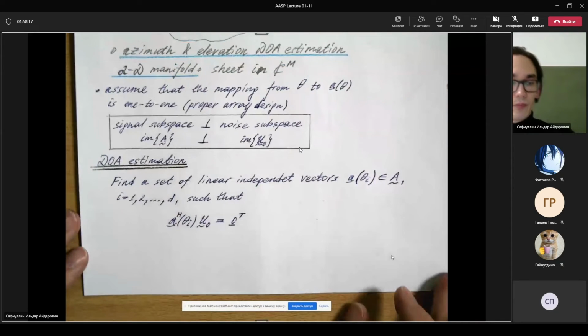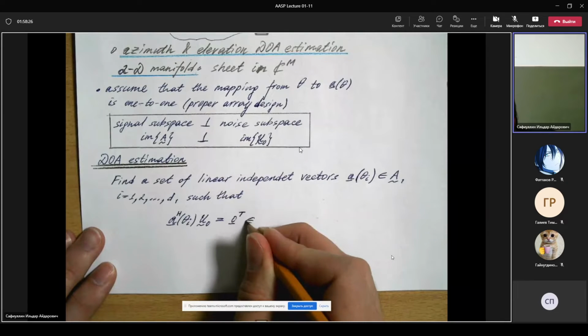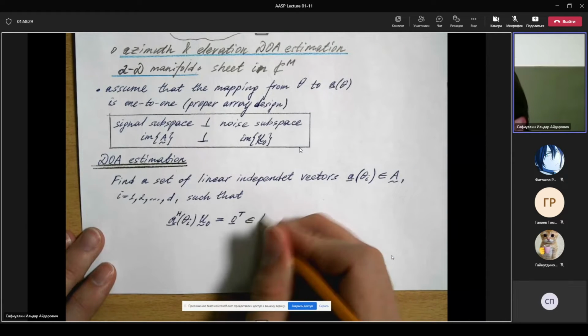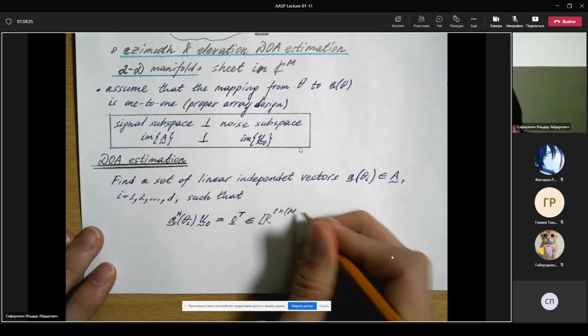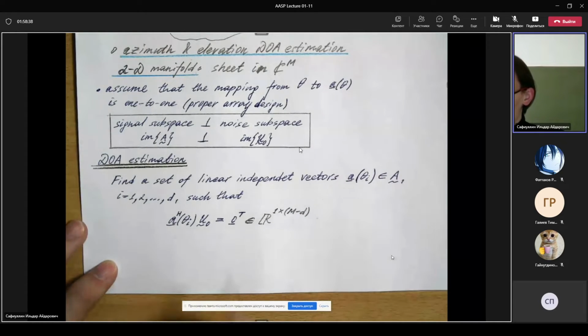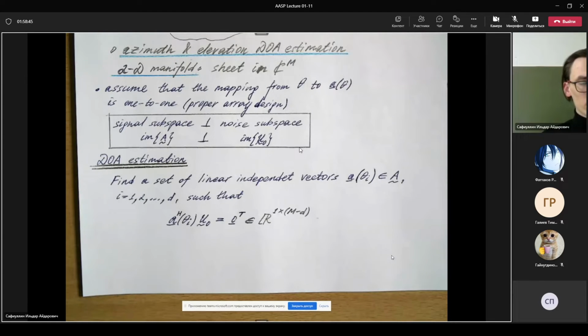In this case, it is a row vector. This one is of size 1 times m, and the size of U subscript 0 is m times m minus d.